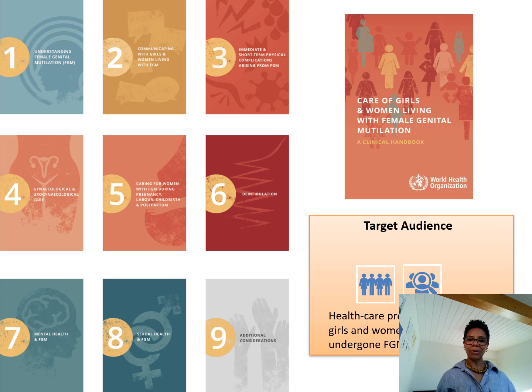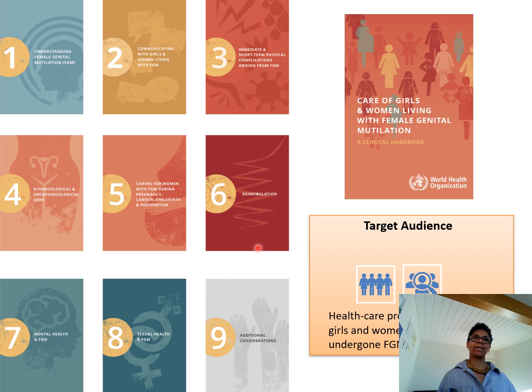Briefly, if you do download it, and we recommend that you do, it's organized around 9 chapters. The first one, understanding female genital mutilation, the second on communication, the third on its short-term complications, the fourth on the gynecological and urogynecological care, whilst the fifth is how to care during pregnancy, labor, childbirth, and postpartum.